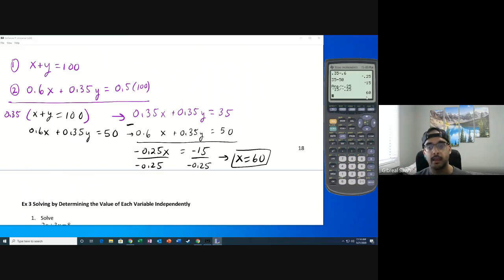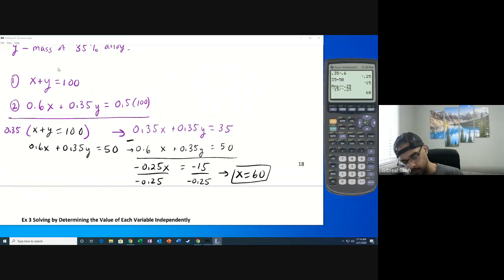Now we've got to go back and figure out what y is. And we're going to take x and we're going to plug it into the first equation because no decimals, no gross numbers. It's very, very nice to use. Sorry about the spacing and the organization on this one. So x is going to go into the first equation. So that 60 plus y is equal to 100.